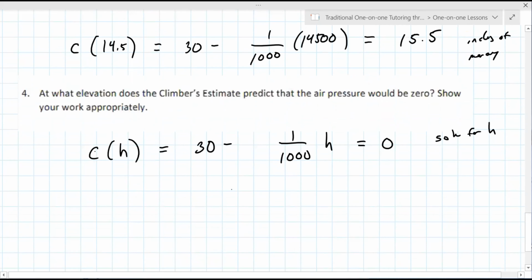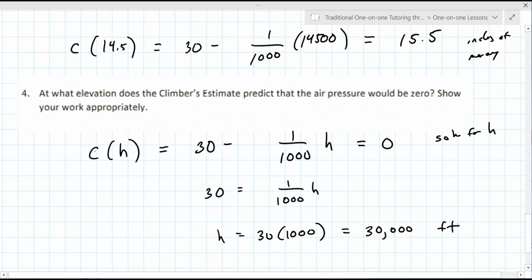So 30 equals 1 over 1,000 H. H equals 30 times 1,000, which is 30,000 feet. That's the show-your-work part. Looks good to me.